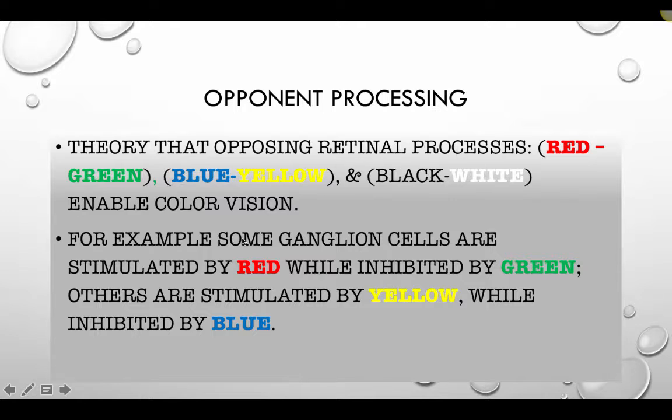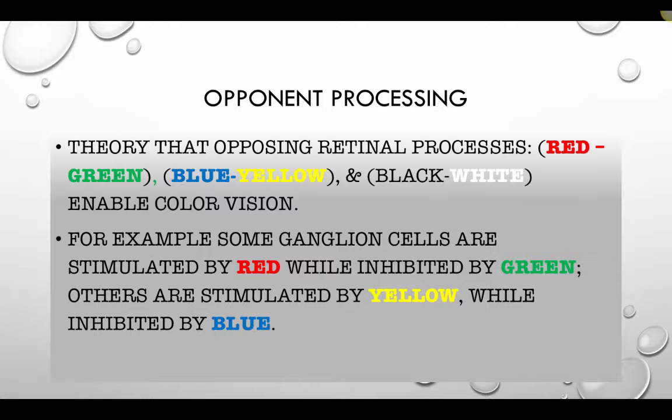For example, some ganglion cells in an opponent processing pair are stimulated or excited by red, and they're inhibited by green. So if there's more red signals coming into that opponent pair, we will see red and green will be turned off. Others are stimulated or excited by yellow and inhibited by blue, or they could be inhibited by yellow and excited by blue. So just remember the opponent pairs.